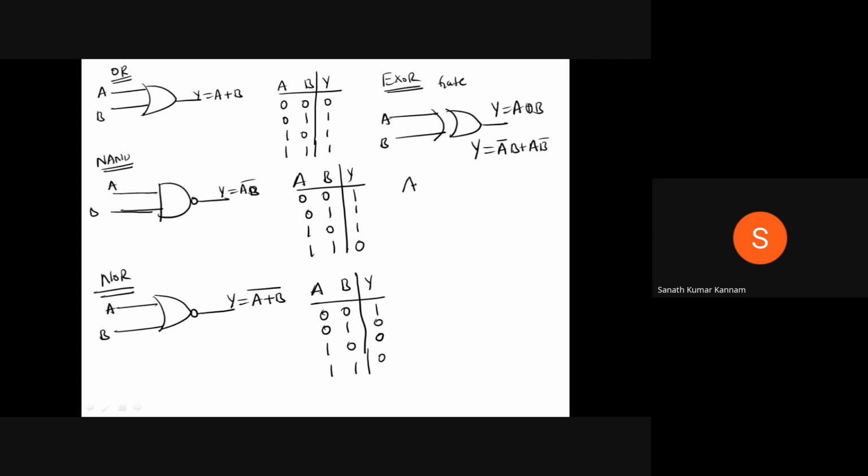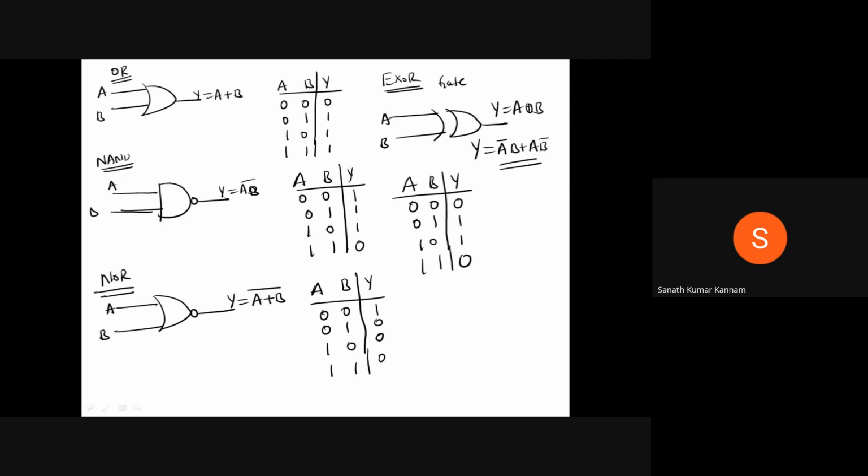If you see the truth table, A, B, and output Y: 0 0, 0 1, 1 0, 1 1. If both inputs are the same, the output is 0. For an odd number of ones in the inputs, you have output as 1. So this is the expression for the XOR gate.